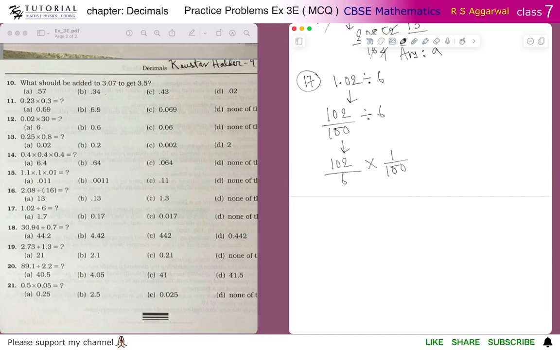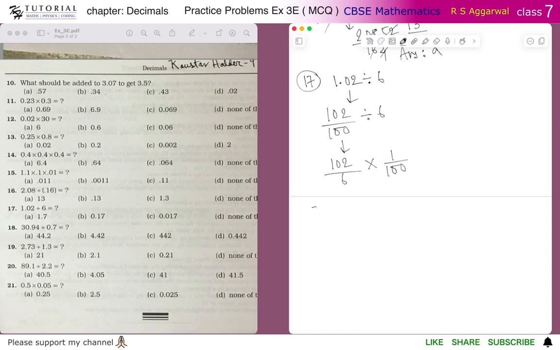It becomes 102 by 100, because the decimal places of the decimal number 1.02 is 2. So it becomes 102 by 100 divided by 6. Now you divide the numerator of the decimal fraction with the whole number. So it becomes 102 by 6, and then you separate out the denominator of the decimal fraction, that is, 1 by 100.